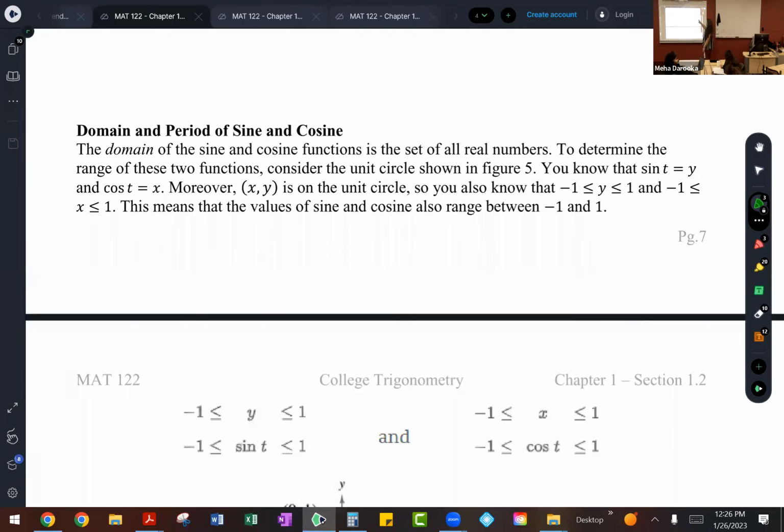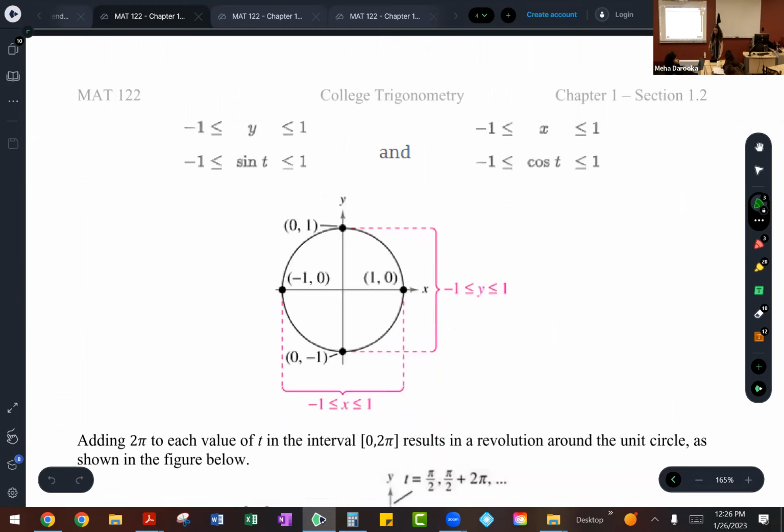Based on that, your range for these 2 functions will come out looking like this. So for your sine function, you are going to stay within the values of -1 and 1, and that's for your range.